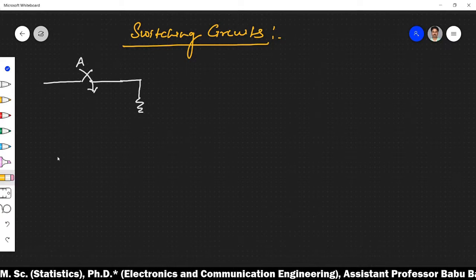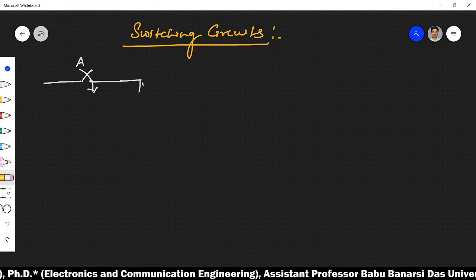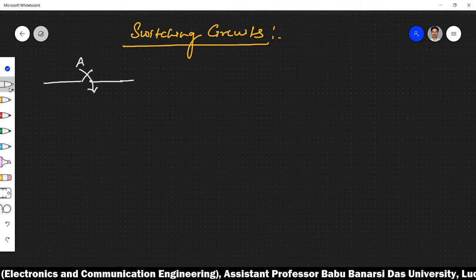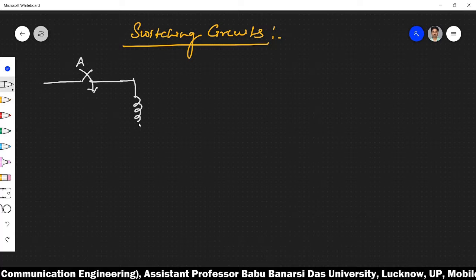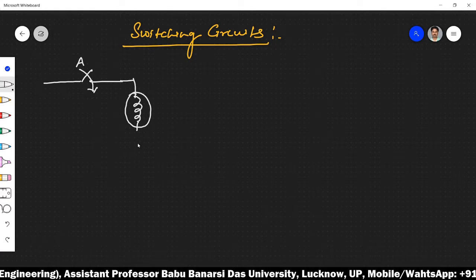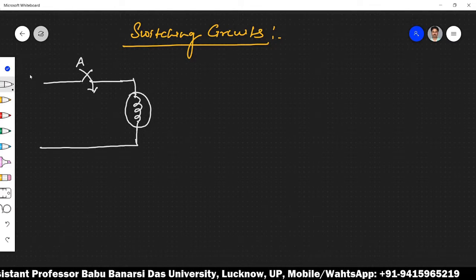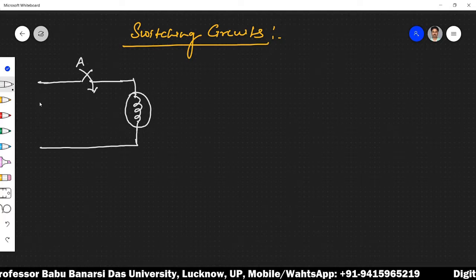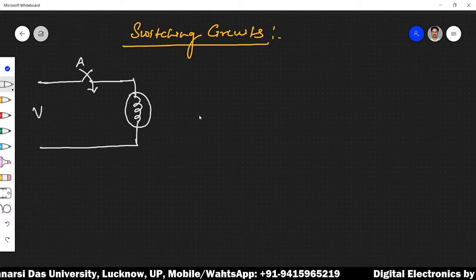Let me draw the bulb symbolically in this manner, and this bulb, along with the switch in series, is connected to a supply of V volts.